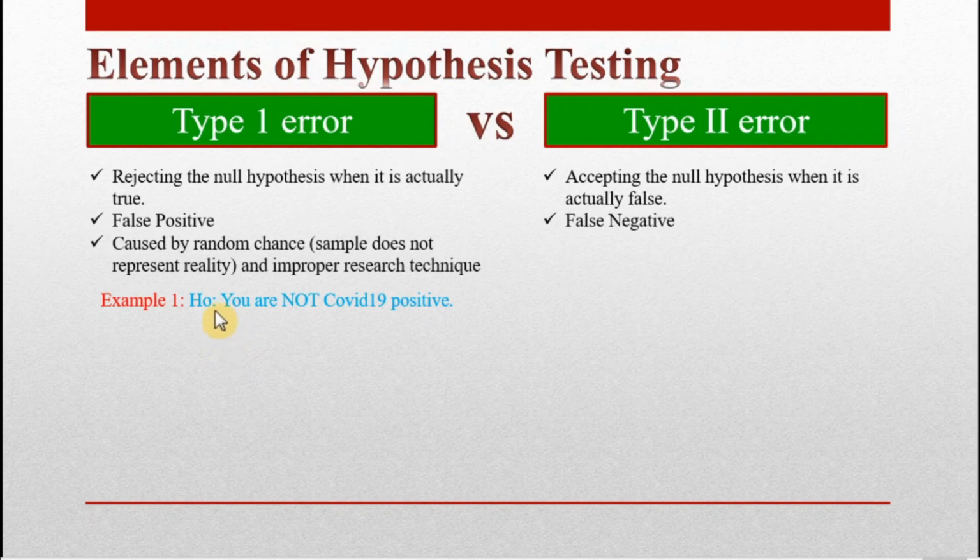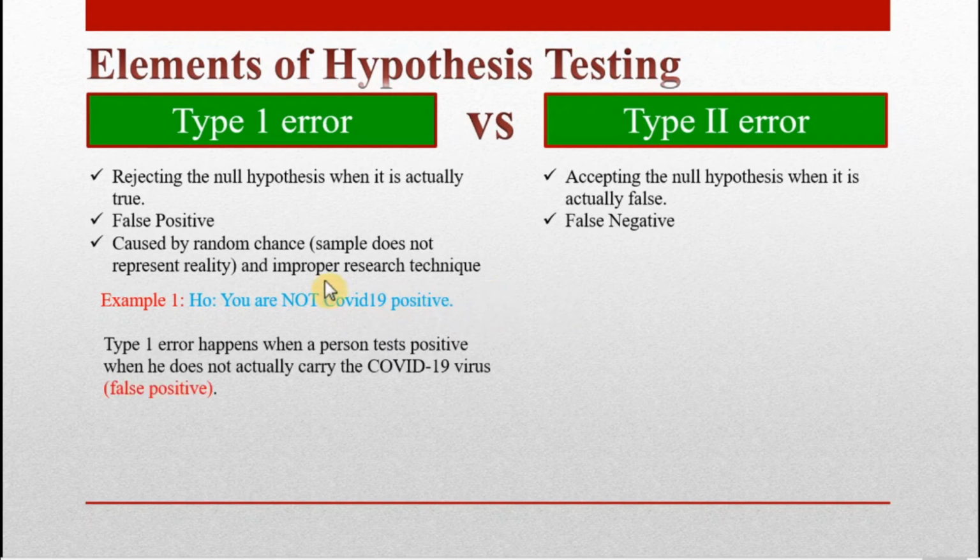Suppose we have a null hypothesis here about COVID-19 and we are referring to a person. The null hypothesis is you are not COVID-19 positive. If that is our null hypothesis, type 1 error happens when a person tests positive when he does not actually carry the COVID-19 virus.